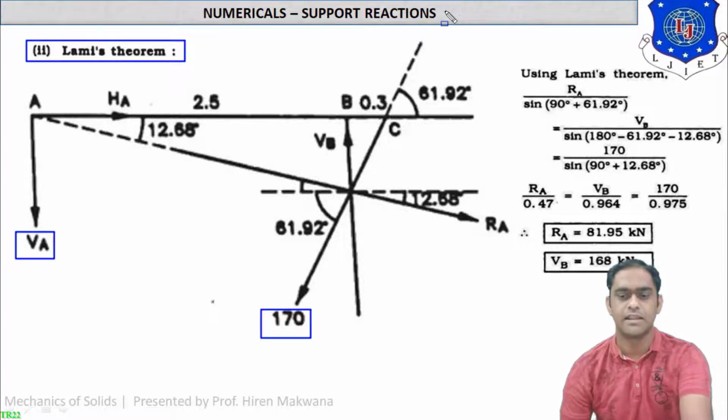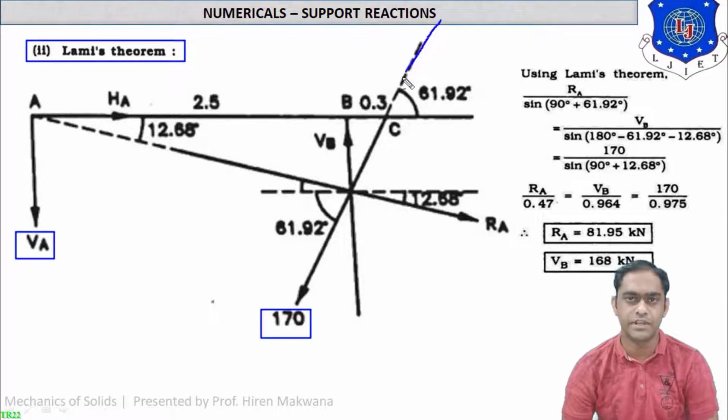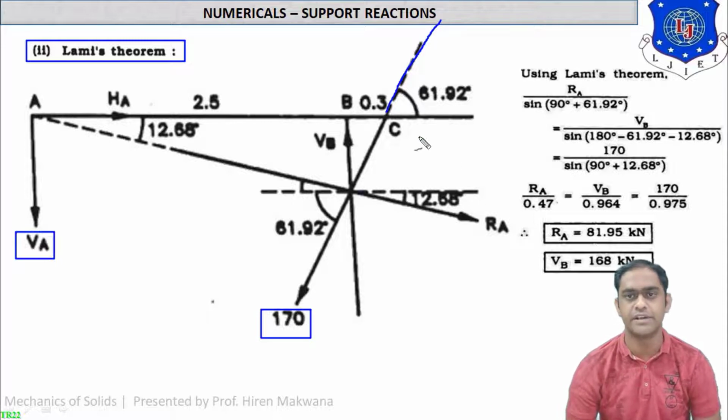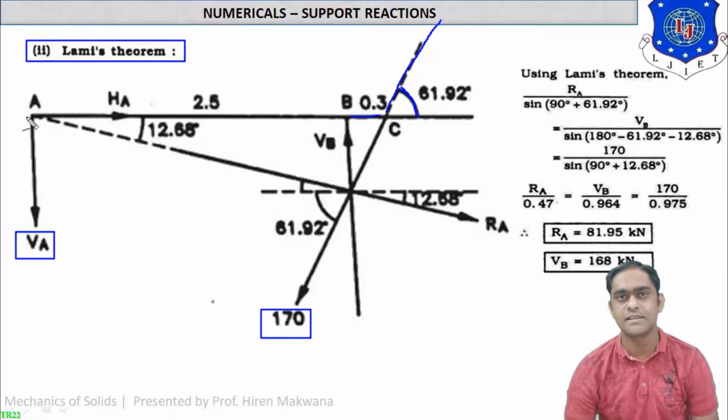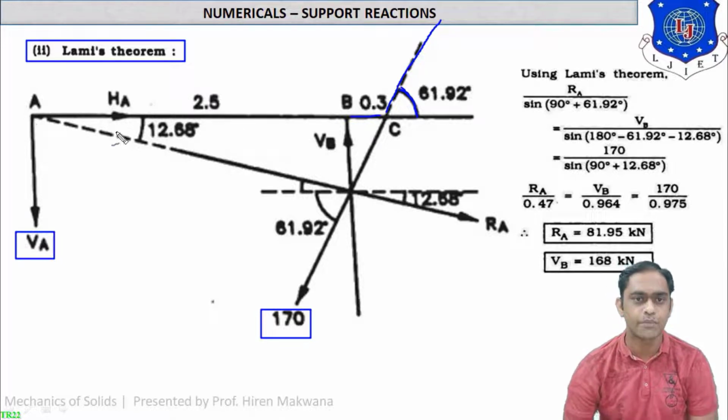It is like this, coming from this direction and made a tensile force like this, 170. Now here it is the angle 61.92 as we have calculated with the help of tan alpha. This distance is 0.3 and this distance is 2.5 meter. Distance is not mattering right now. Now just angles are mattering.